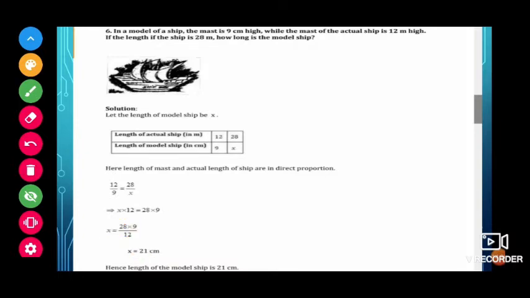So what is the height of the ship when the mast height is 9? It is 21. It is in meters, children, not centimeters. Here also just convert it to meters. If the mast is 9 meters, then the length of the ship is 21 meters.